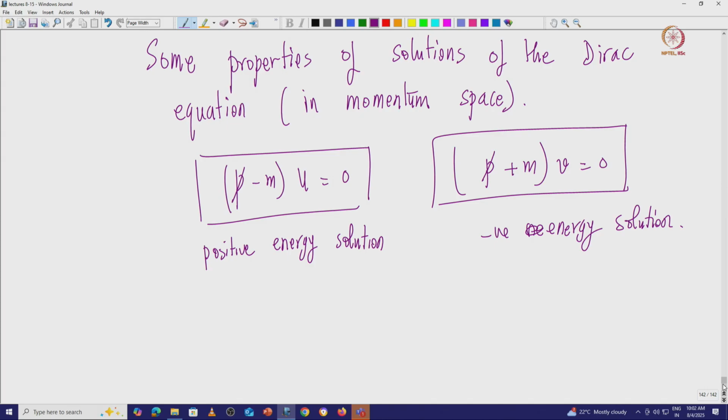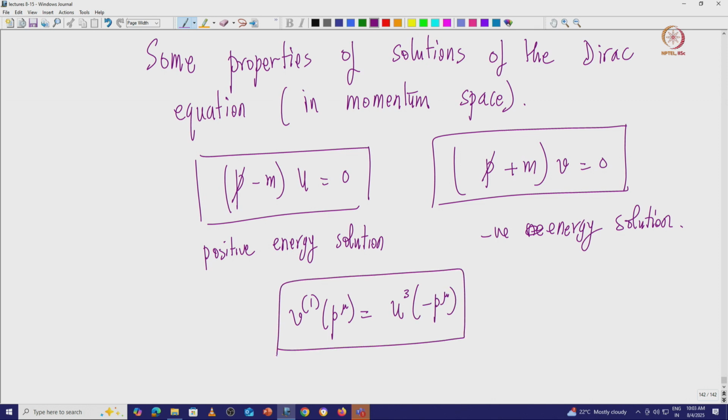Now there are some properties: if one changes the sign of the momentum, for example, v1 of p mu is equal to u3 of minus p mu, which I will leave for homework.